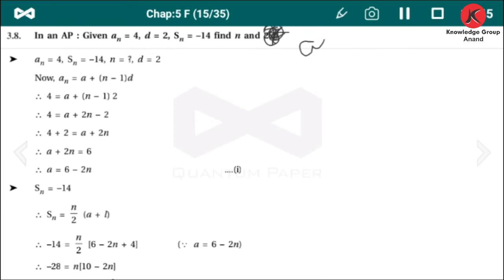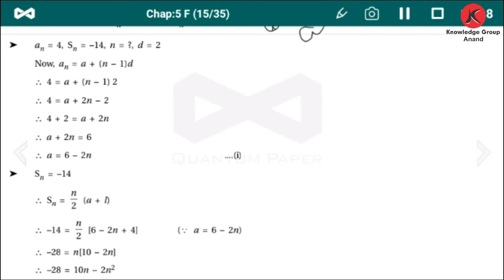Question number 8 again. an is equal to 4, d is equal to 2, Sn is equal to minus 14. Find n and a. Then we use the an formula and we get a is equal to 6 minus 2n, and Sn is equal to n by 2 into 2a plus n minus 1 into d.